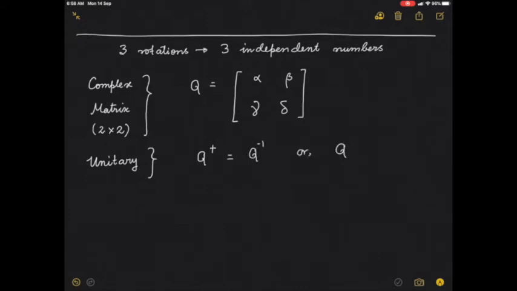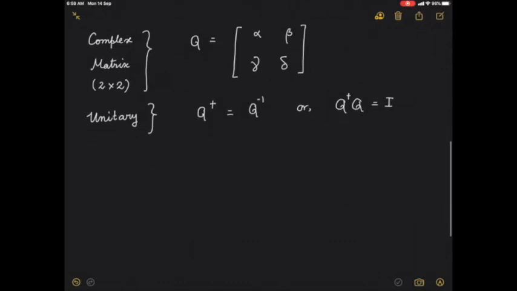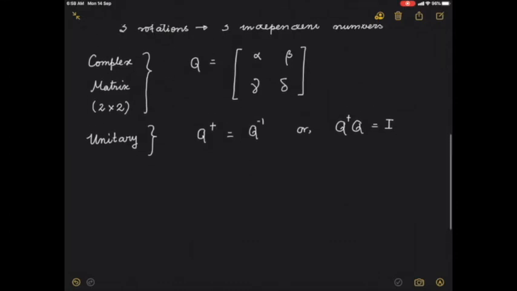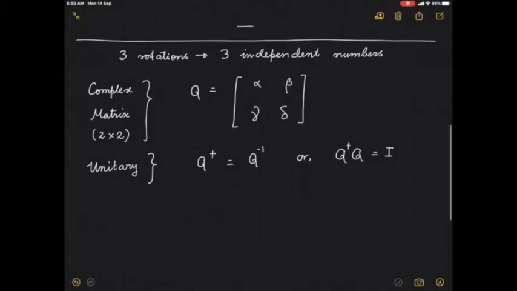Or I can write it in 2 different ways, but let me write it this way: Q Q dagger will also be 1. Now, this is the first condition that I put in for the matrix. Let's see what this condition gives us.